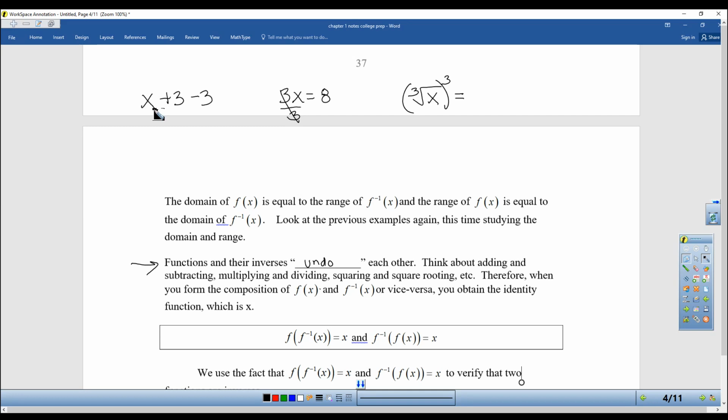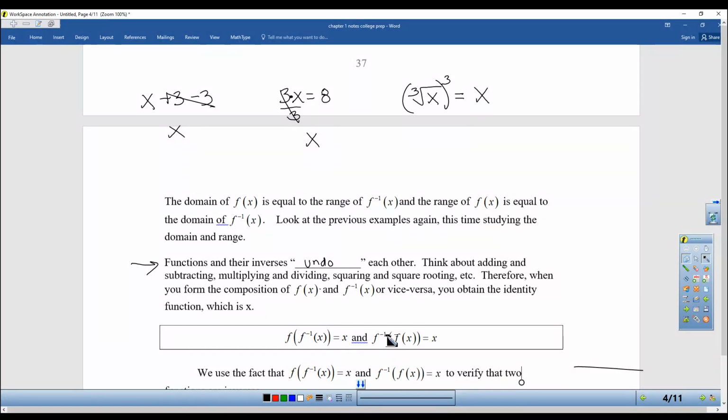And notice what happens every time. If you start with x and you add 3 but then do the inverse, you're left with x. If you're multiplying by 3 but then divide by 3, what are you left with? x. If you have a cube root but then you cube it, what are you left with? x. So if you ever do composition of functions, f of f inverse, you're going to get x.